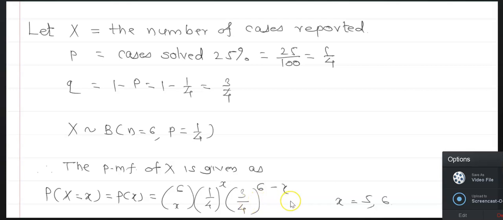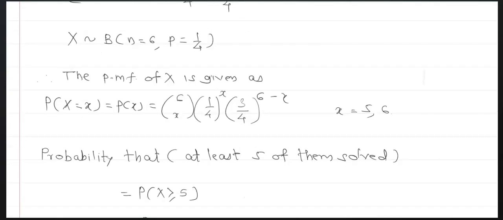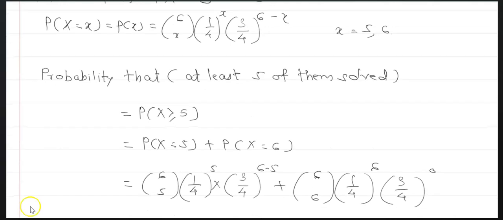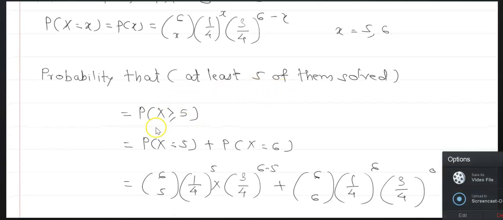The values of x are 5 and 6. The probability that at least 5 of them must be solved, that is P of capital X is greater than or equal to 5. It means that P of X equals 5 plus P of X equals 6.